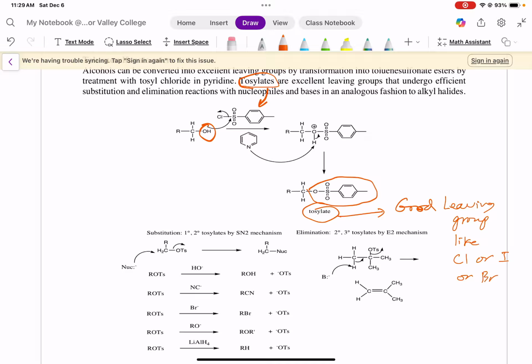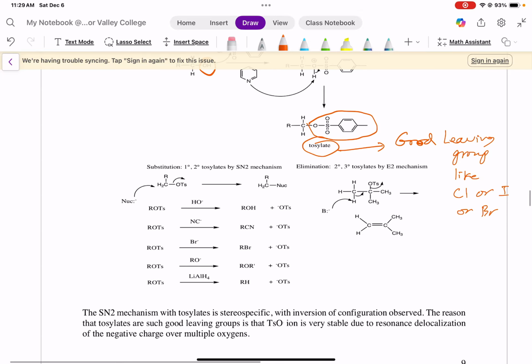Okay, so good leaving group, so to take off, you can replace it. So if you put in a nucleophile, you can kick out the OTs, just like that. Okay, so you got so many options. Okay, especially the last one is really cool. Replace OTs by hydrogens. So in the end, we just want to get rid of the OH.